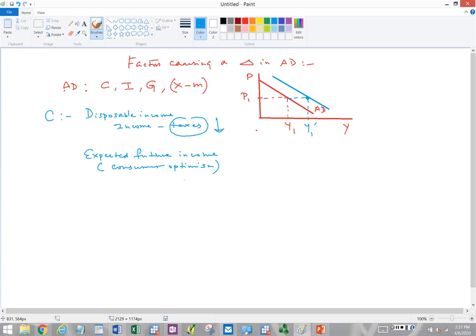Right? And the third factor is changes in wealth. Now, the commonest form of wealth holding in the US is real estate. So let's say there was a real estate boom and home prices went up, as they did before 2008.